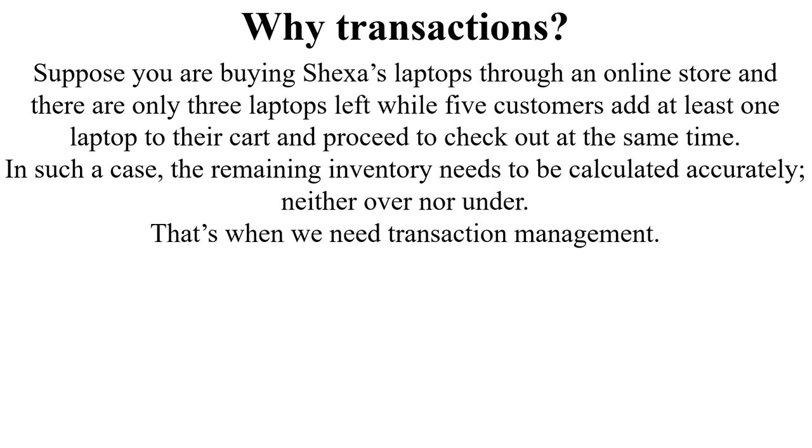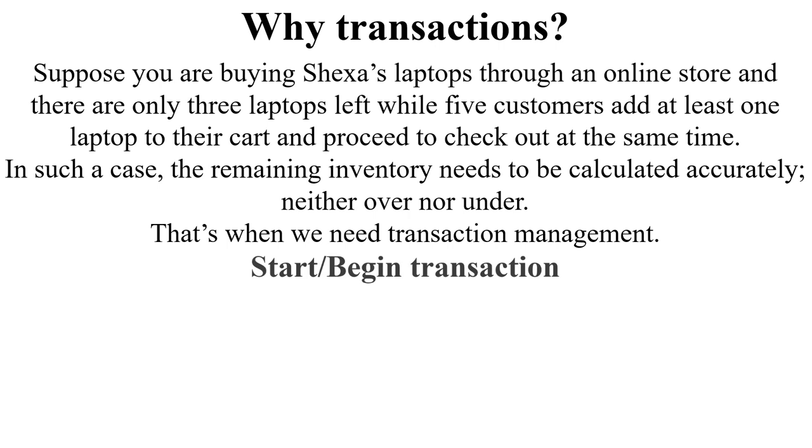Let me give you another example. Let's assume that you are doing a certain transaction, adding data to your table, while someone else is deleting, or maybe the other person is subtracting from a certain column. Your data must remain consistent.